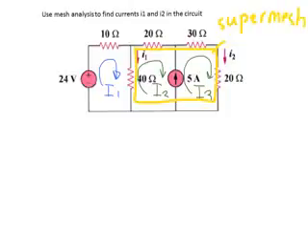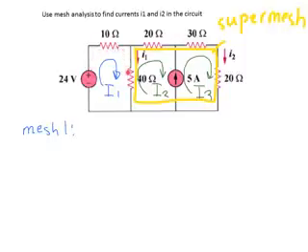Now let's start writing mesh equations, and it will be easy to see the difference in writing the equation for the supermesh. But before we start, let's write the equation for mesh 1. Looking into the direction of the mesh current, we are going clockwise.